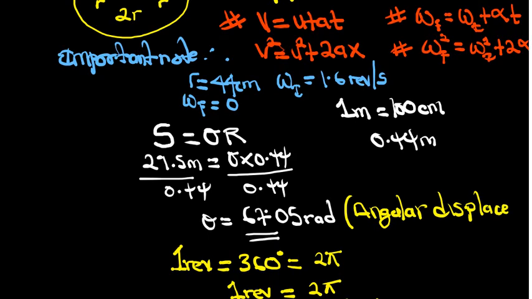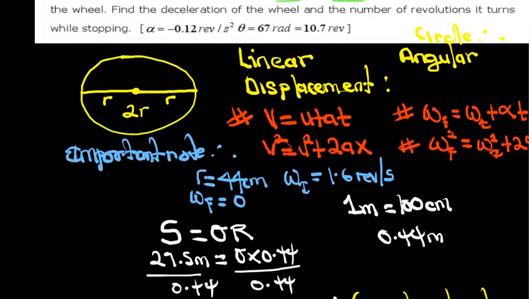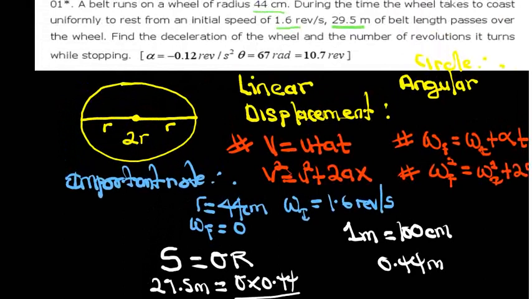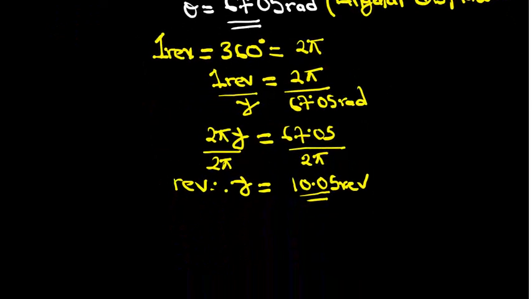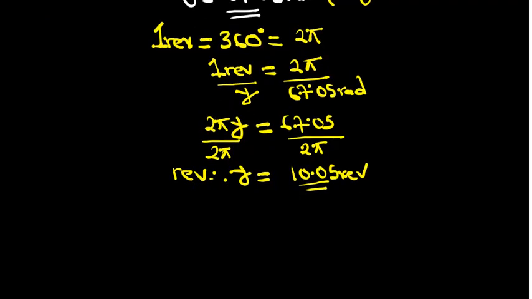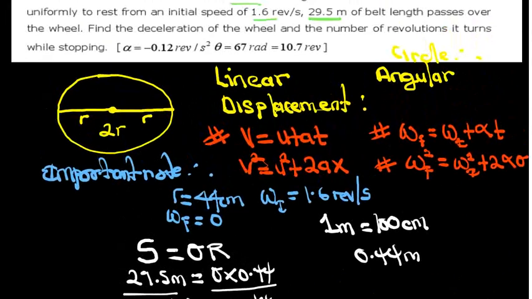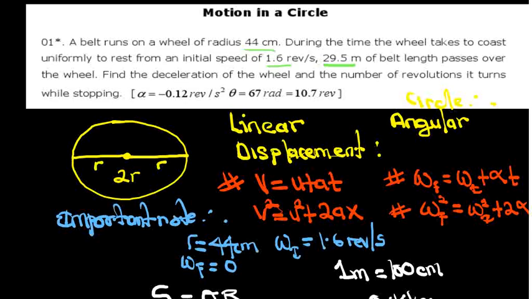Now since the angular speed has been given in 1.6 revolutions per second, for me to find out that acceleration, I'm going to use 10.05 revolutions because this is in rev. It will align with the SI units of the distance and velocity given in the question.